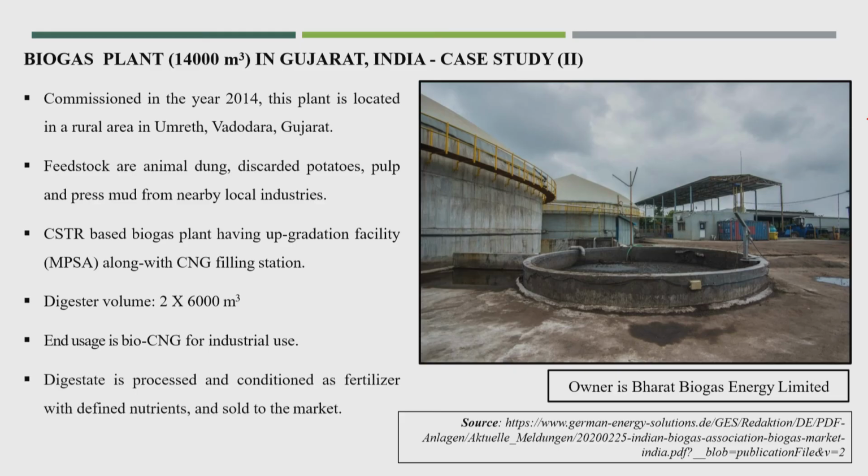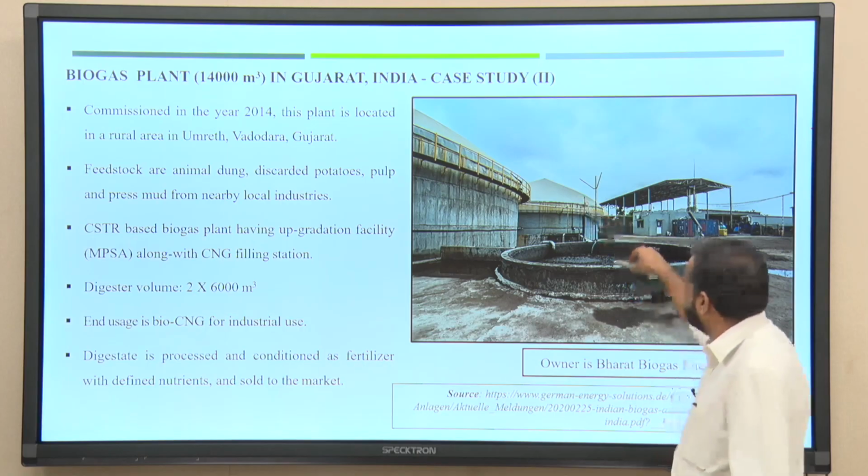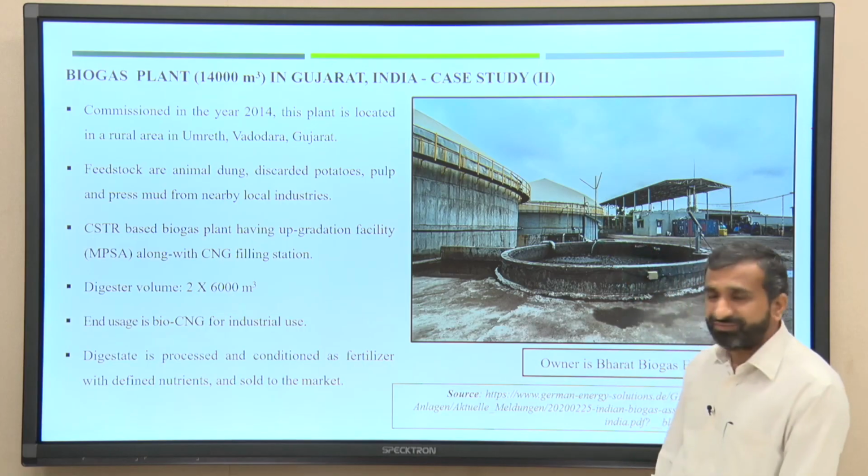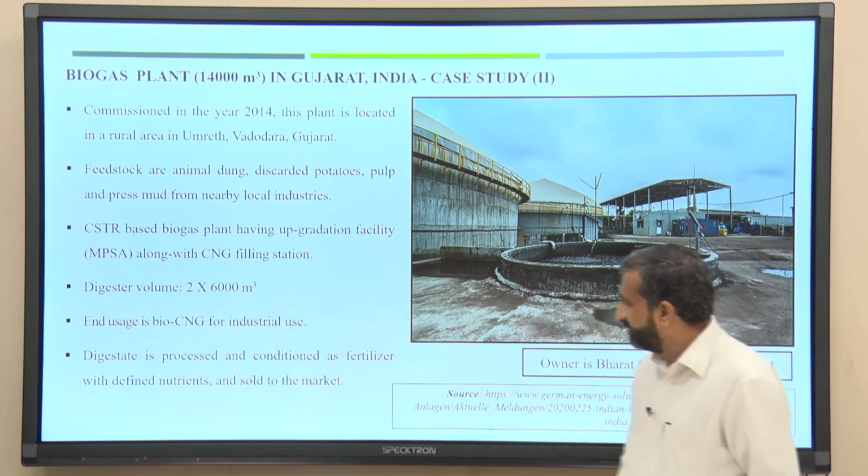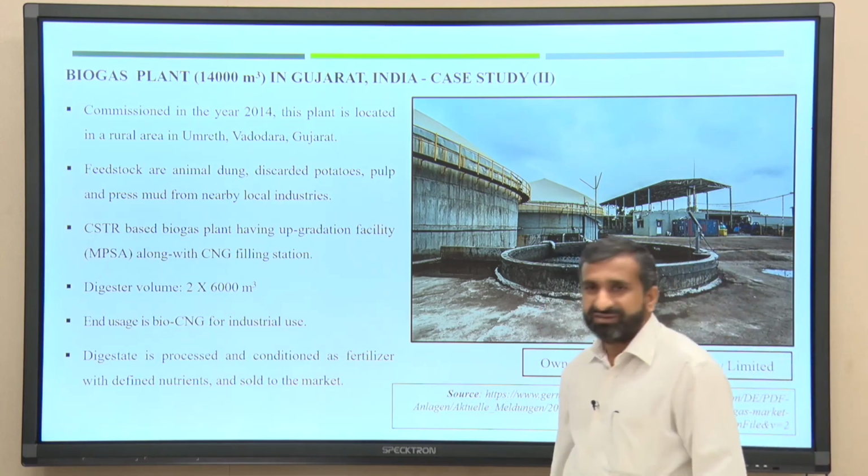And digestate is processed and conditioned as fertilizer with defined nutrients and sold to the market. So, whatever digestate is coming out from both reactors, the outlet is properly dried and sold to the market.